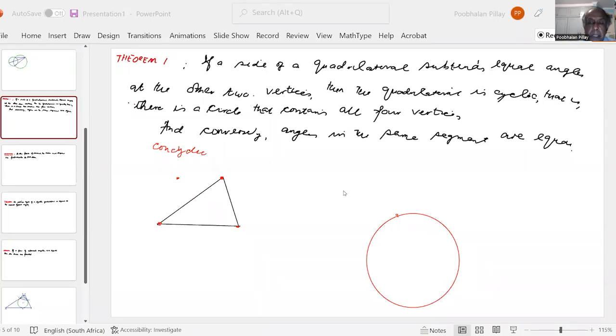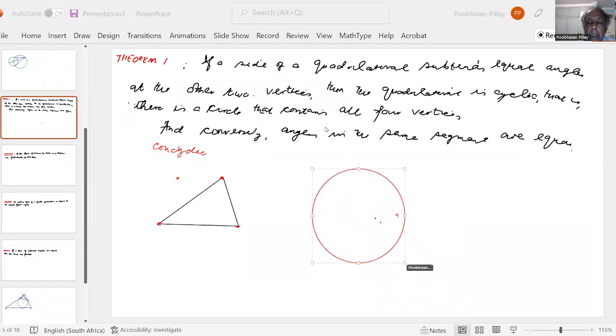And such quadrilaterals are said to be cyclic. So whenever you have a cyclic quadrilateral, there are lots of important properties that a cyclic quadrilateral has. Right? A quadrilateral, of course, has got 4 vertices.